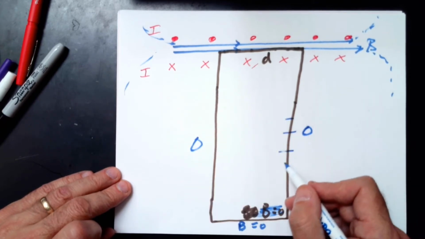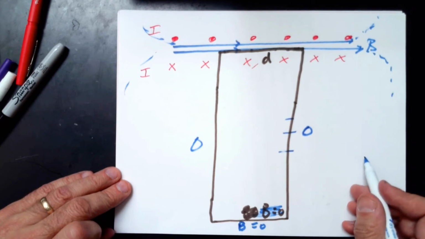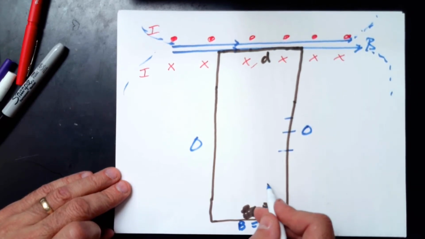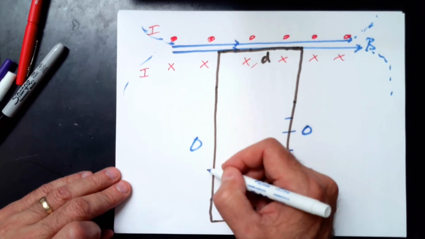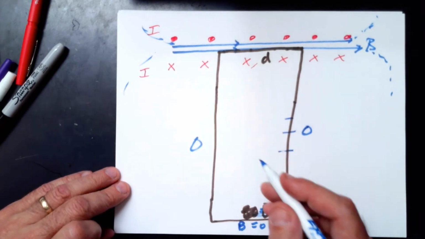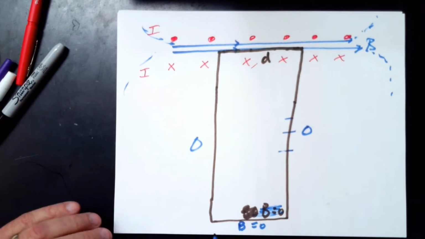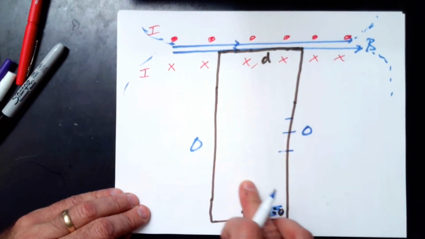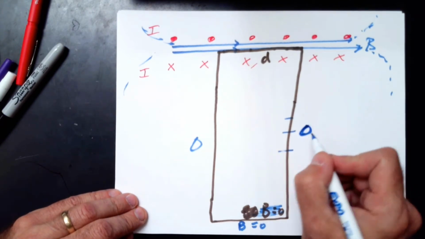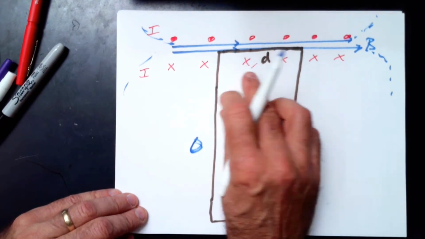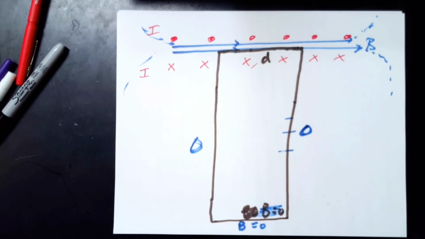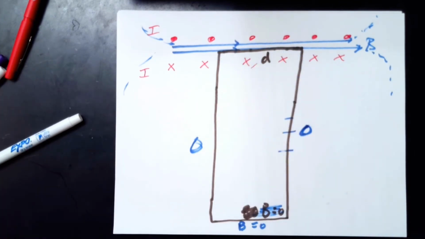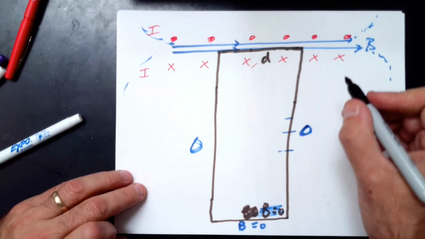Even if it's not perpendicular, certain lines will be pointing outward, other ones will be pointing inward in different directions, and so the net effect is it cancels out. Plus, if we're very near to the center, the field out here will be almost 0 anyway. So I have 0 along these sides. So I only have one side, this side here, where I get any significant B times the length. All right, so let's go through the process of Ampere's law here.